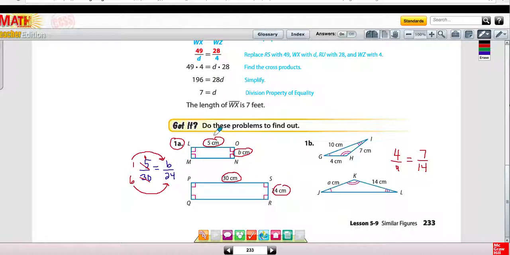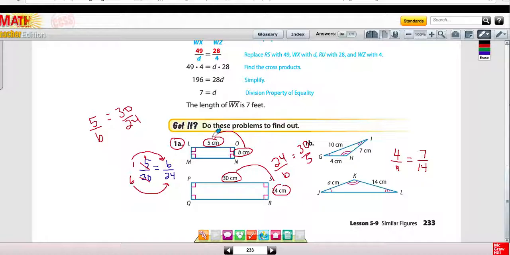Just so you know, I could have also done 5 over B equals 30 over 24. I could have also done 24 over B equals 30 over 5. There are several different ways to write these proportions.